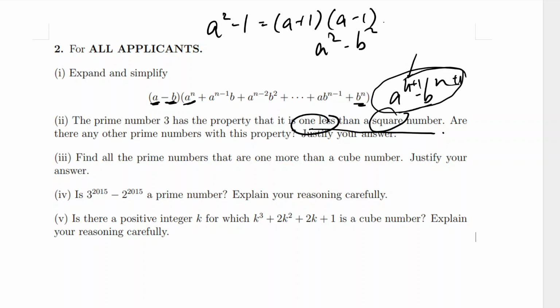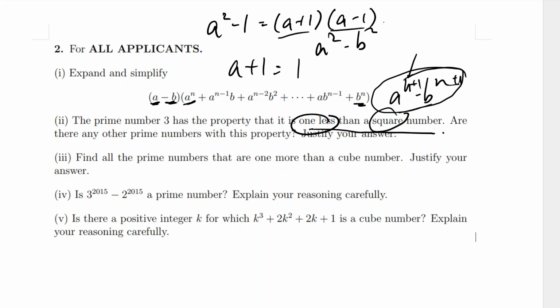Okay, so for this thing to be prime, one of these factors has to be 1. Because if it has 2 factors which are not 1, then it's definitely composite. So suppose that a plus 1 was the factor which was 1.